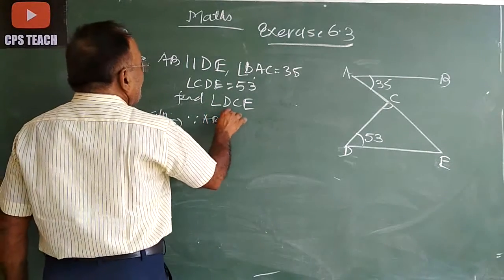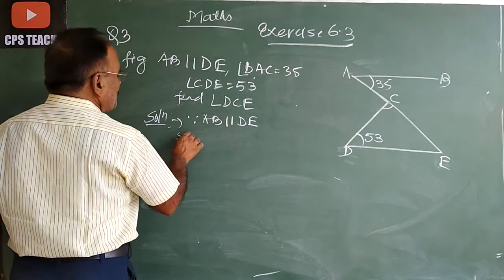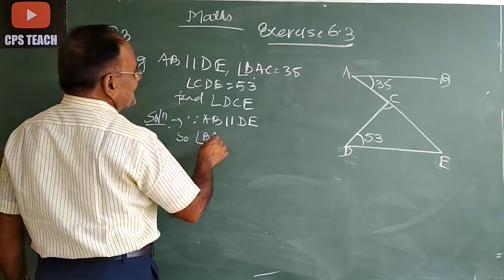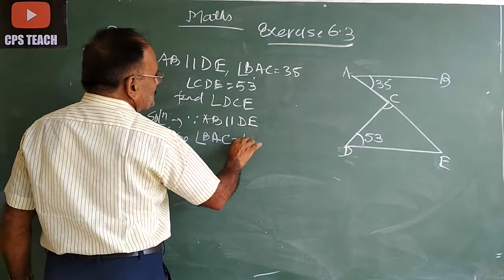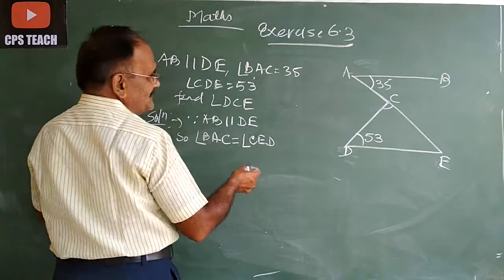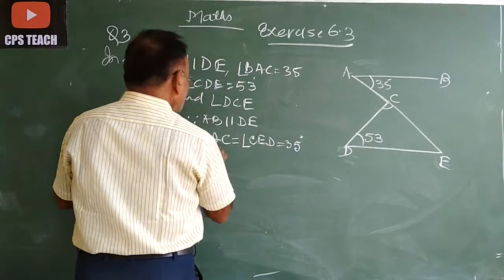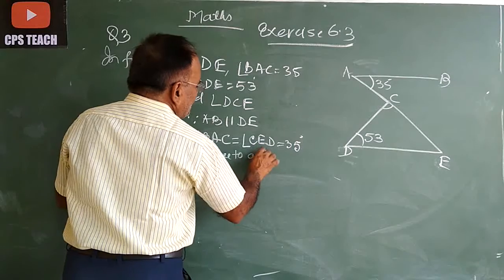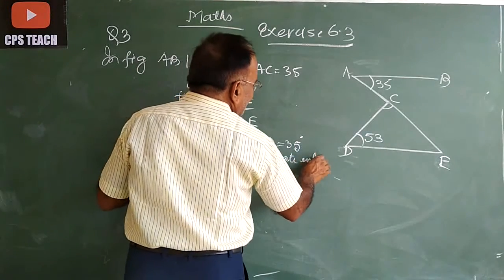AB parallel to DE. So angle BAC is equal to angle CED is equal to 35 degree due to alternate interior angle.